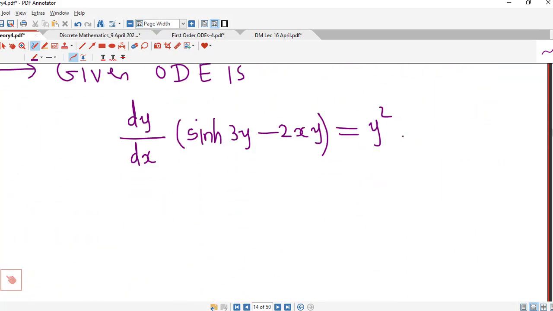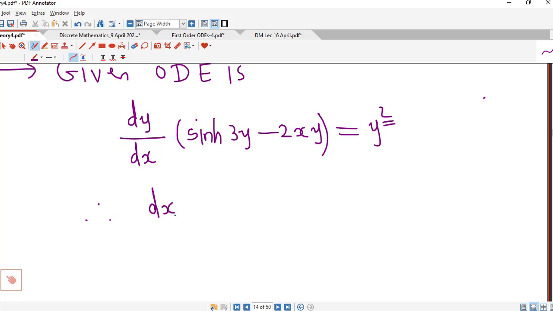So this is also not linear if we consider y as the dependent variable, because here the power of y is not 1. So we try to write it as a differential equation which is linear if we consider x as the dependent variable. So first we try to find dx by dy.